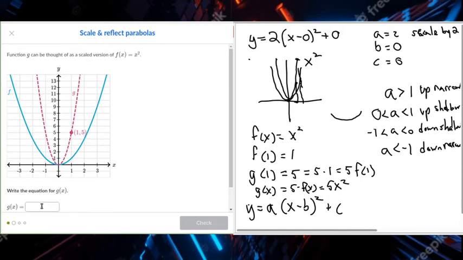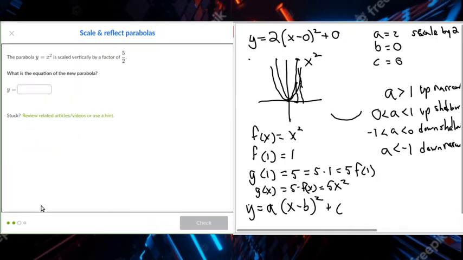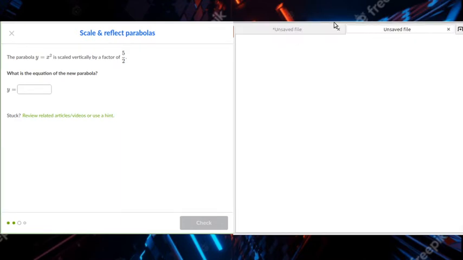Well, let me go ahead and write that down. 5x squared. And let's find a new piece of paper here. The parabola y equals x squared is scaled vertically by a factor of 5 over 2. I'm going to write the vertex form again, which is a(x minus b) plus c.